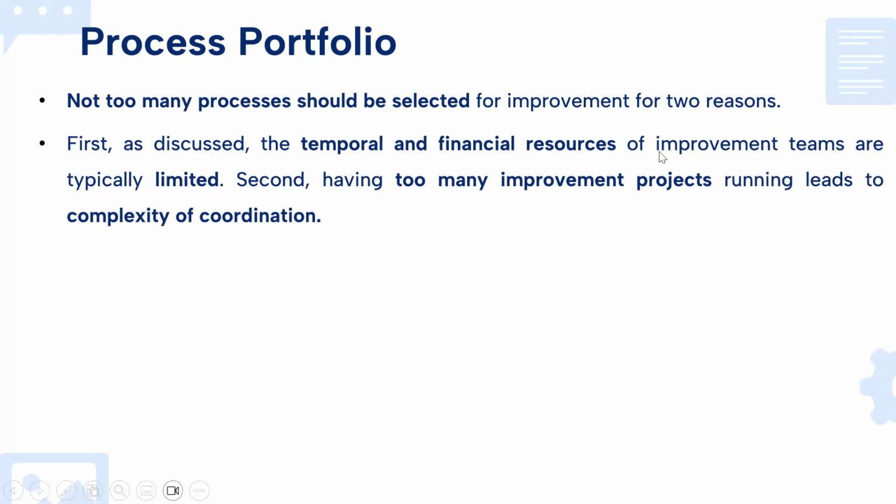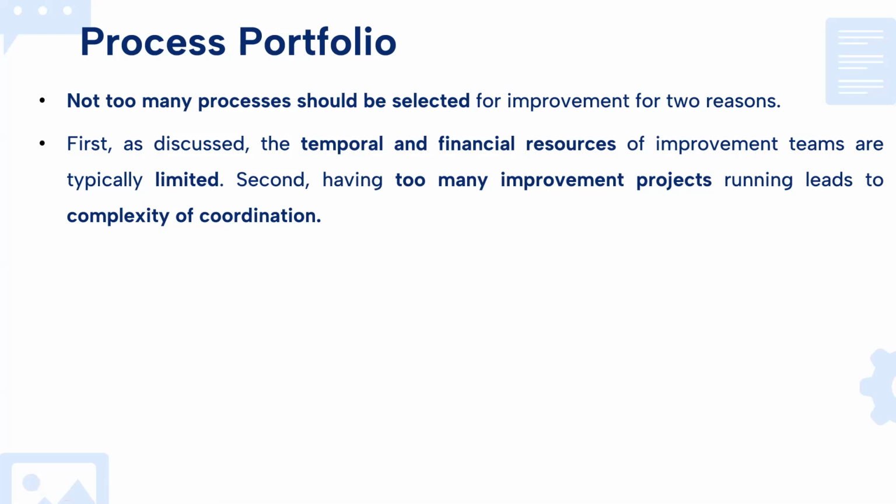Financial resources and improvement teams are typically limited. And another reason is that having too many improvement projects at the same time creates a coordination issue. The complexity of coordination is high. Because of these two reasons, we should not select many projects to be done at the same time.